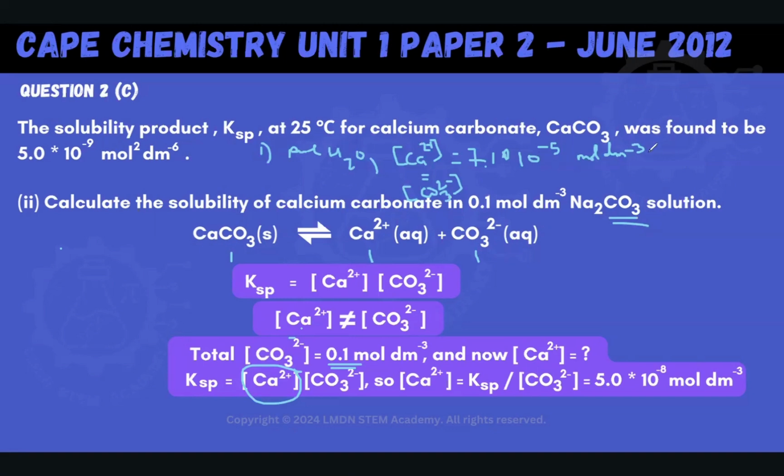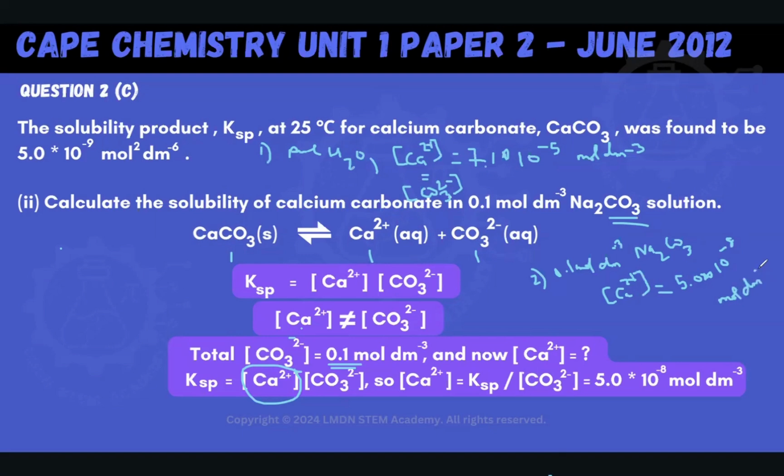Now, for this particular instance that we just calculated, in my 0.1 mole of sodium bicarbonate, I found that the solubility of calcium carbonate ended up being 5.0 times 10 to the negative 8 mole per dm cube.